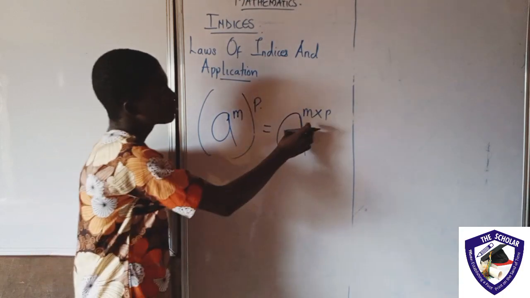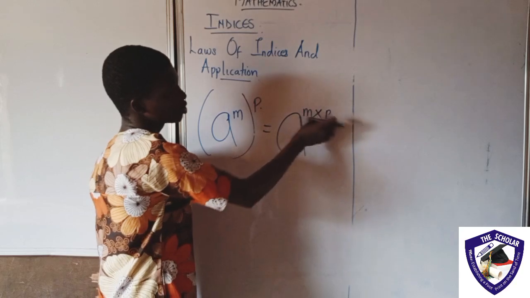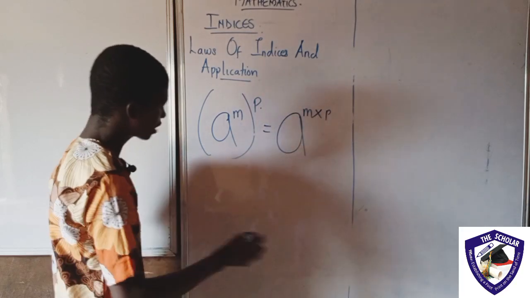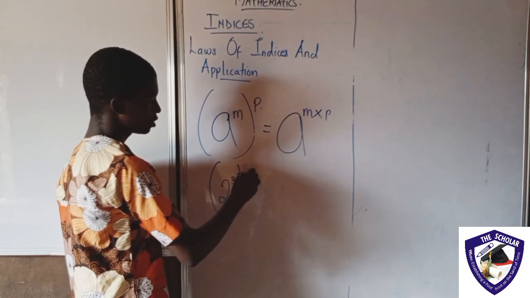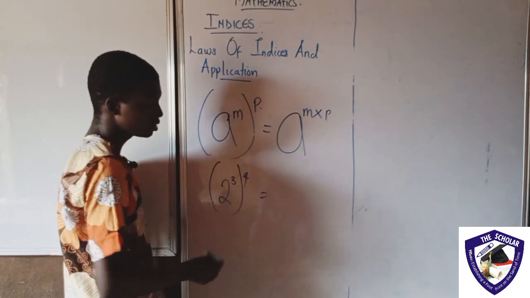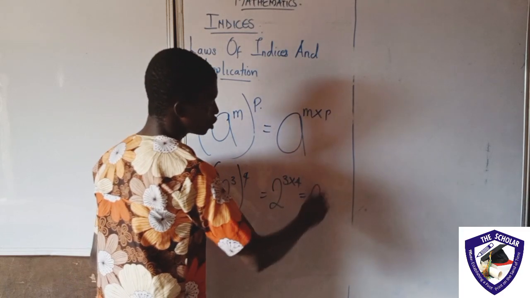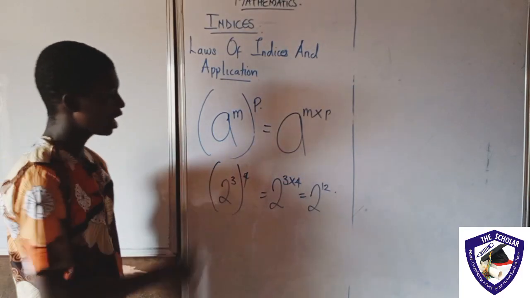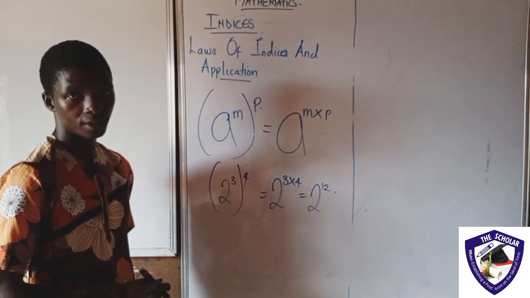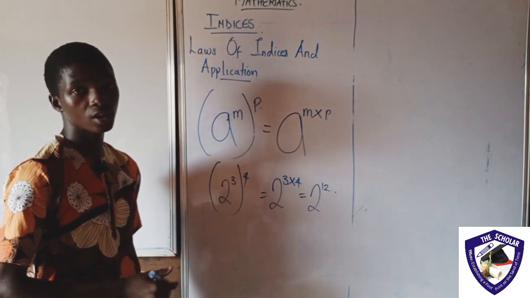You are going to have the number raised to the power of the product of the two powers. For example, when we have 2 raised to power 3 in an enclosed bracket raised to power 4, that simply means that you will have 2 raised to power 3 times 4, which is 2 raised to power 12. That's it. That is for the second law of indices.